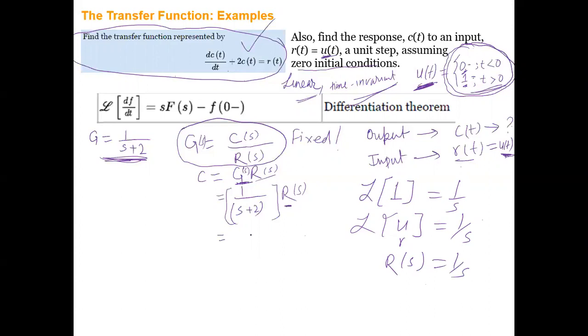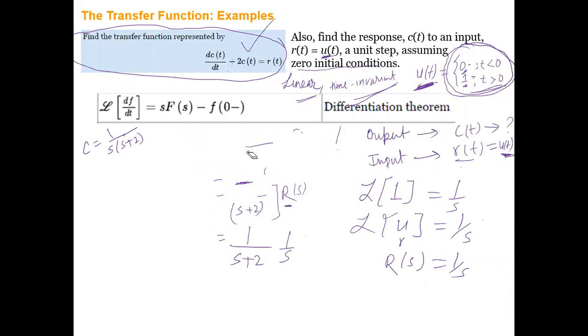Now let's plug in here. R(s) is 1 over s. So now you have your C(s) equals 1 over s plus 2. Let me erase everything now.